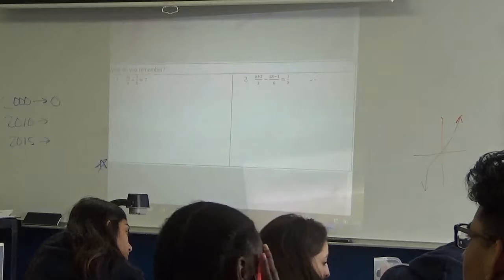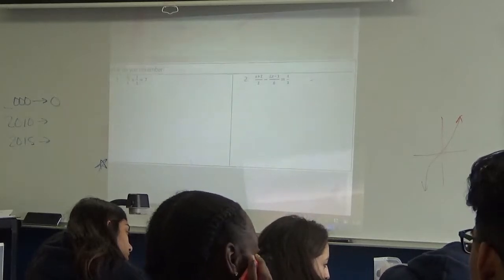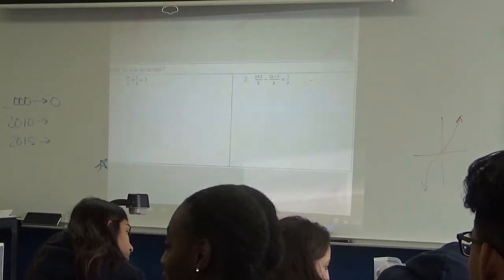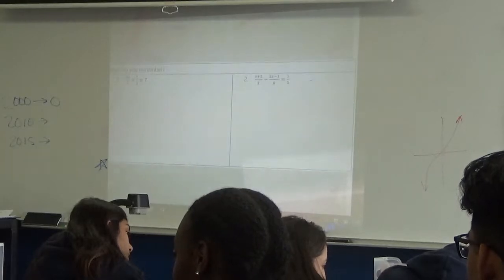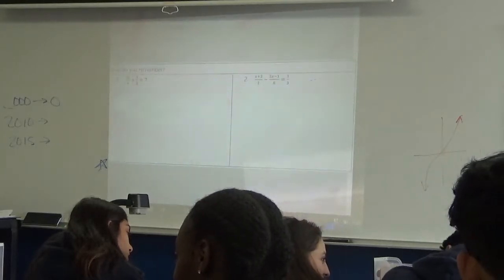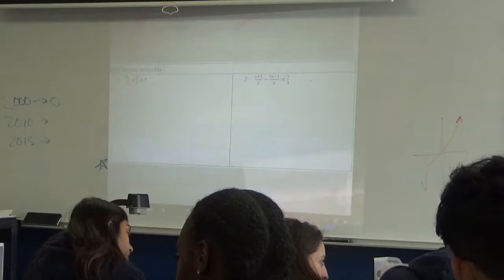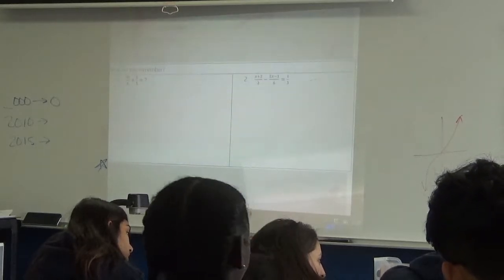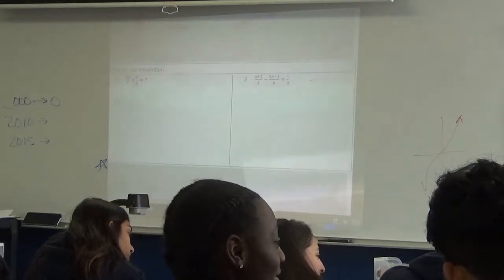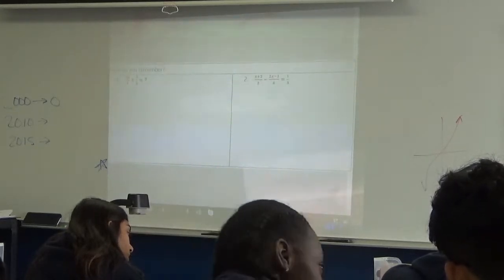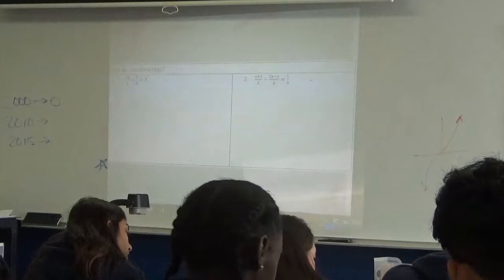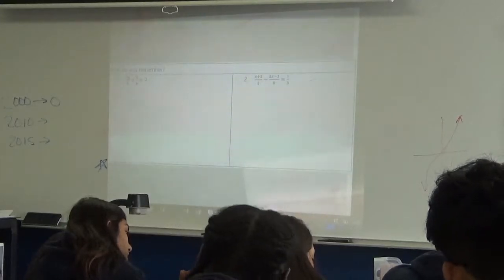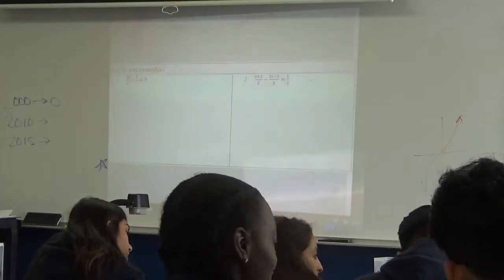If it's a 4 and a 5, what are you trying to get? 20. So let's think about the first one. If I wanted a 20 on the bottom, right now it's a 4, I would have to multiply times 5 on the top and the bottom. So you could rewrite this as 15 x 5. And then the next one you would have to multiply times another 4.